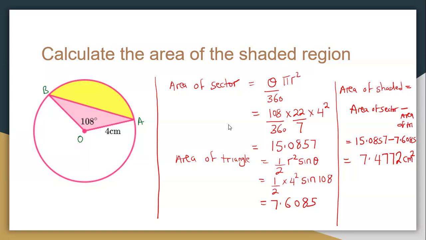Step by step meaning first find the area of the sector, find the area of the triangle, and then subtract. Why? At times when you do it at once, in case you make an error on one step, everything can be wrong. Whereas when you do it step by step, even if you make a mistake on the area of the triangle, at least you can score something on the other part. Hope that is fine.